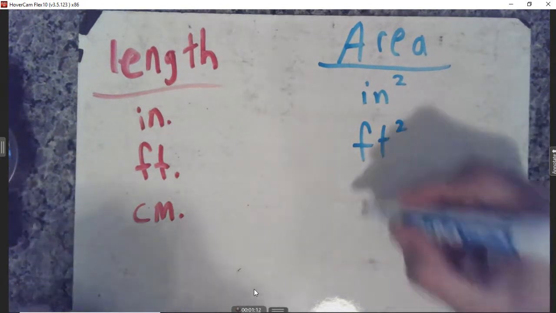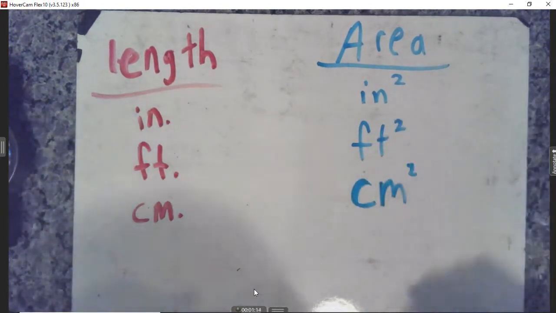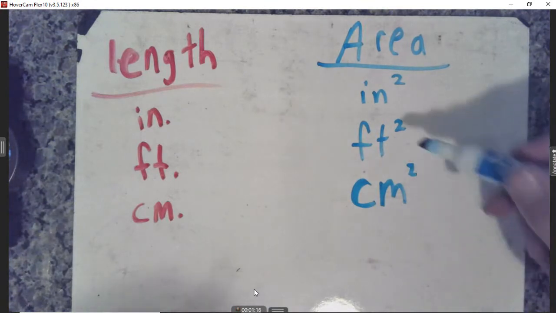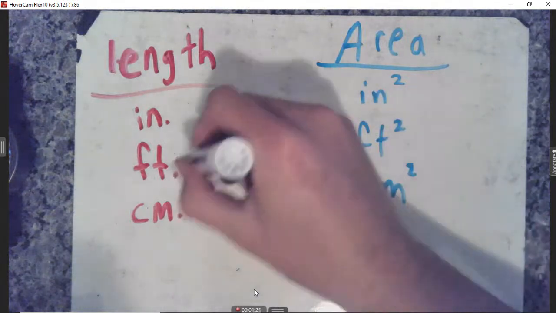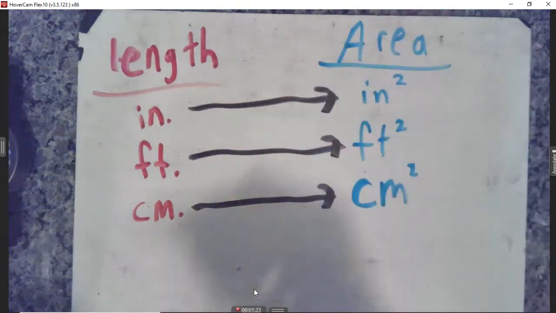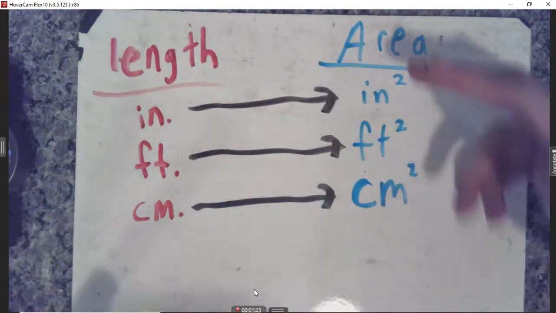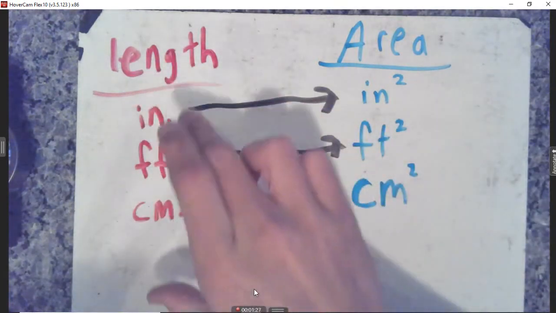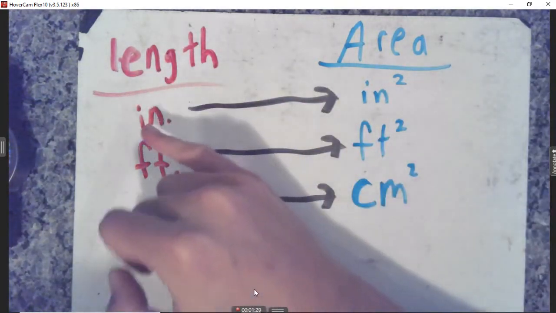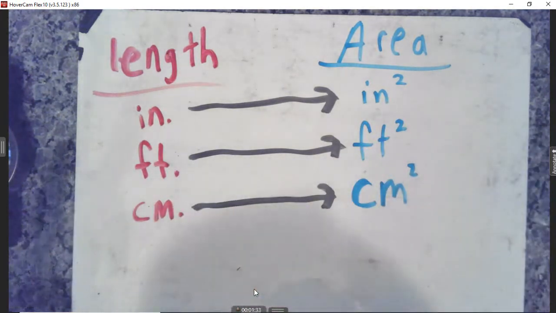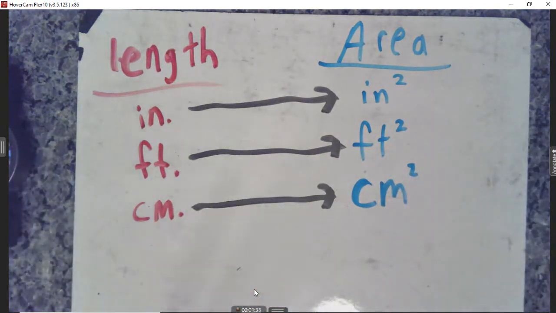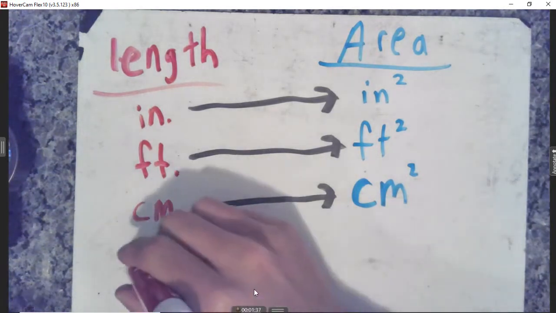All right, so centimeters squared. These are all the corresponding units. These all relate to one another. Now, it turns out not only does the corresponding unit go from inches to inches squared, or feet to feet squared, or centimeters to centimeters squared, the scale factor is also related.